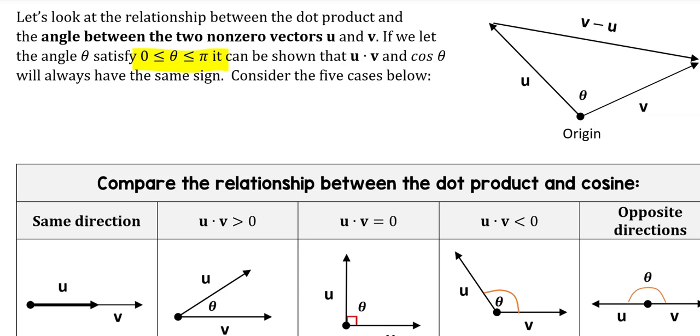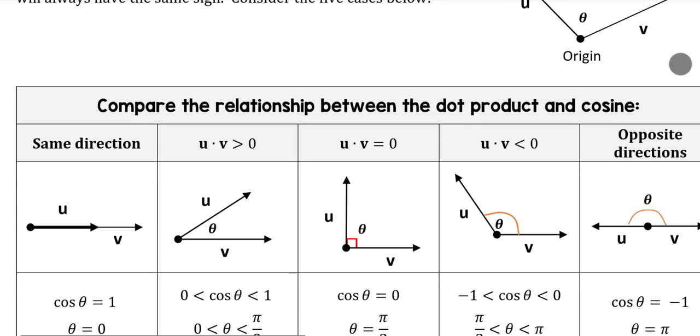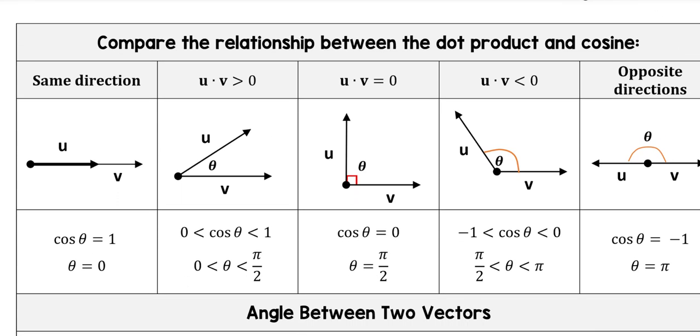So we have 4 different possibilities here. The first one is if u and v are in the same direction, then you're finding the cosine of 0. So cosine of theta is going to equal 1, so the angle is going to be 0.